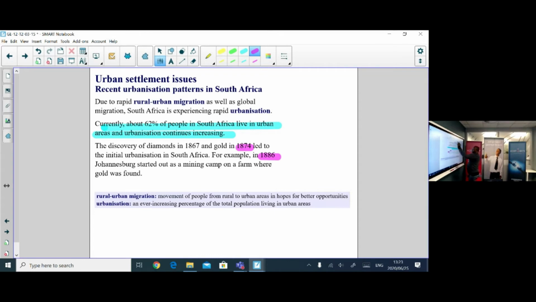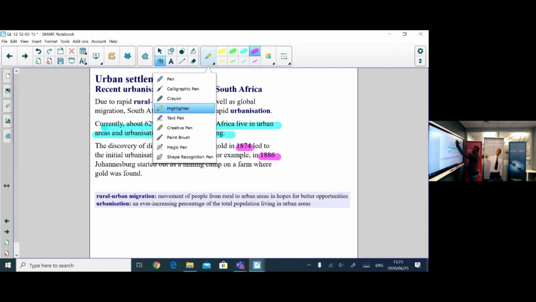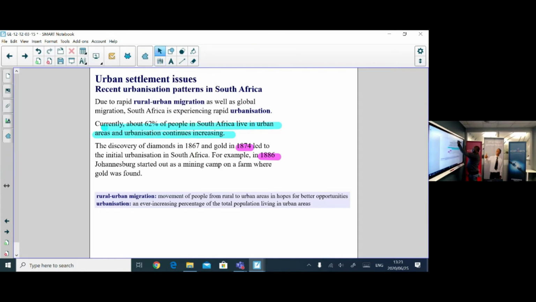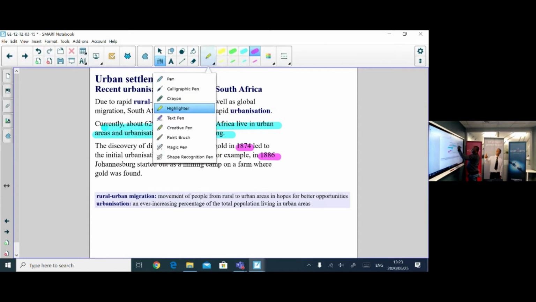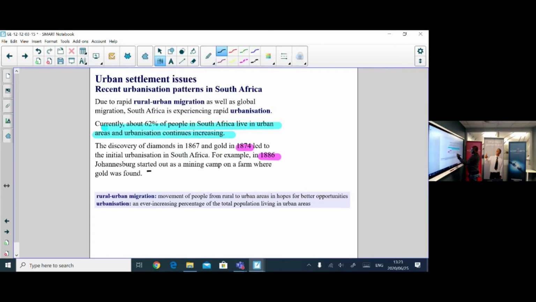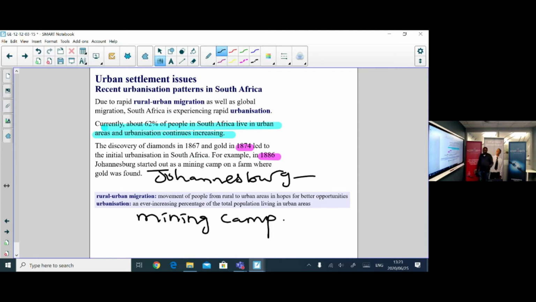So you can see the metamorphosis of the city of Johannesburg, how it started and where it is now.